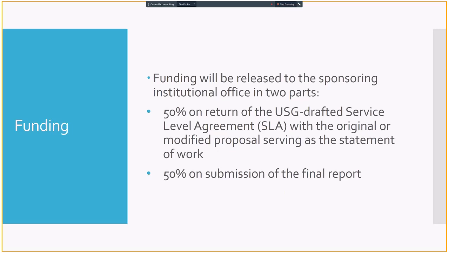This ensures a little bit of accountability on the team's part, and it lets us make sure that we are checking every single beginning and end of these projects. So that's what we've been doing ever since we first started awarding grants in 2014. All the grants offices know how it works, and now we have to have one invoice for the first 50% and another invoice for the second 50%.